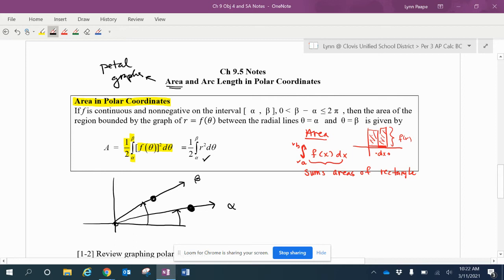To find the area, I need to figure out what this area is here, which is different. We're not going to the x-axis creating rectangles; we're creating these little sections that are sections of a circle. So we look at a sector of a circle, and that's where that formula comes from.